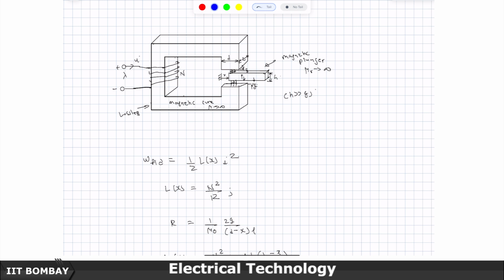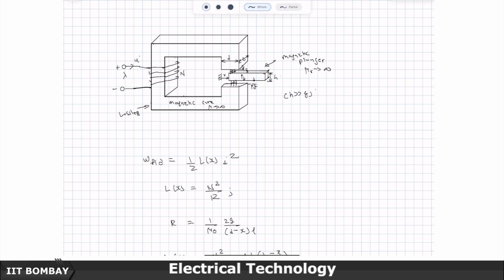So, let us now use this idea. Now we know how to calculate the magnetic field energy stored in the air gap, and we have got some idea of that. Let us use it to calculate the force created in a plunger or an electromechanical relay, basically electromechanical devices.